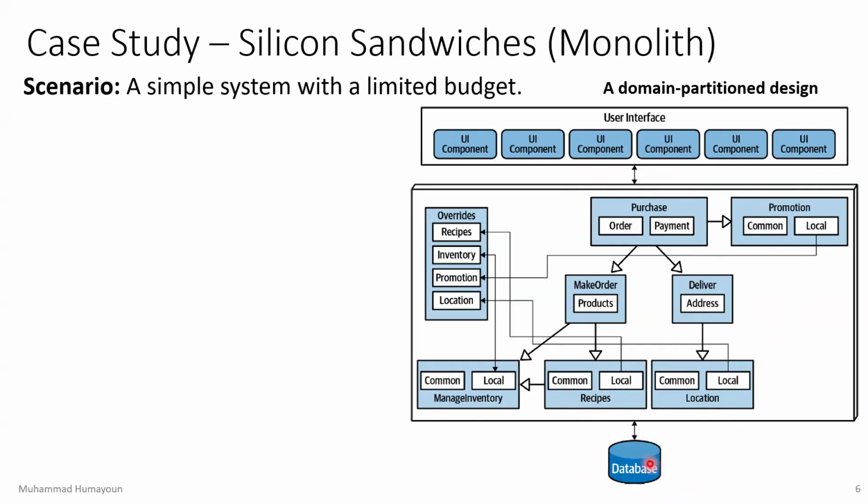If you remember, Silicon Sandwiches allows customization. For customization, you can add, let's say, recipes related to Scandinavia, the Indian subcontinent, the Middle East, and so on. These are the overrides, the hooks you will generate, and later on more domain-specific or region-specific components can be plugged in here.